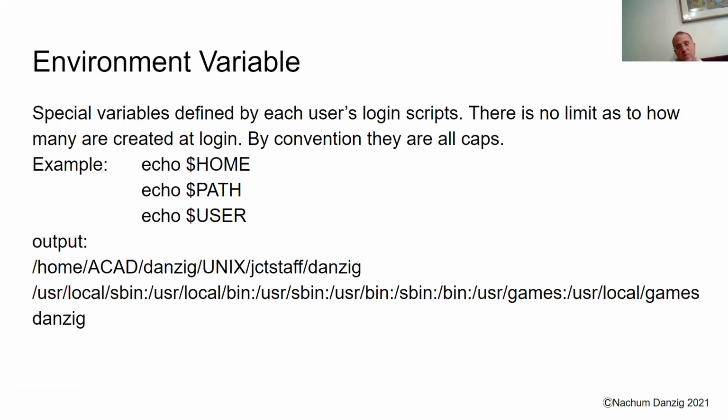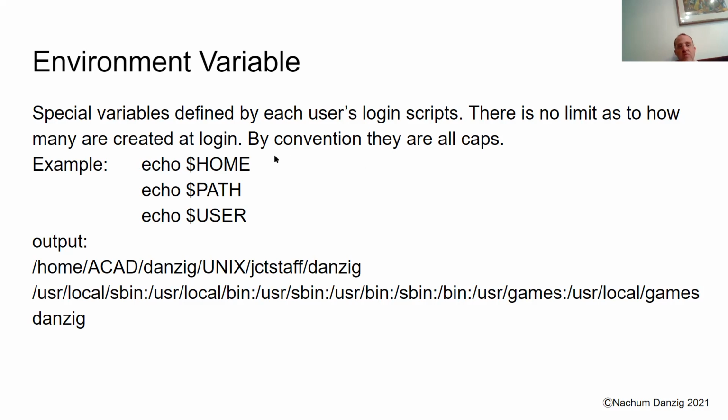All right, now we're going to talk about the special environment variables. We talked about path before, I think. There are special variables called environment variables, which means they're defined by the session, by each user's login scripts. When you log into your terminal, it defines these variables for you behind the scenes, you don't even see it, and then you can use them.